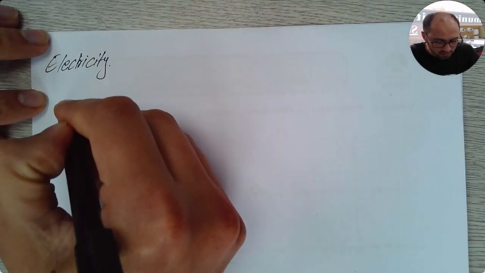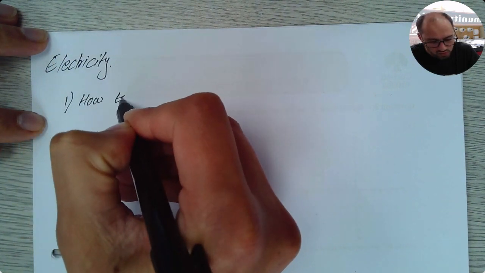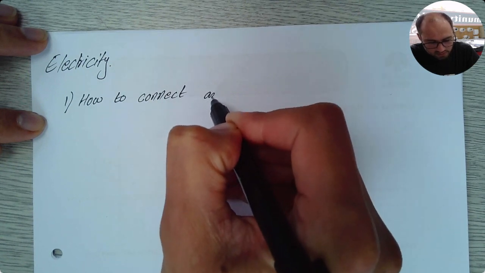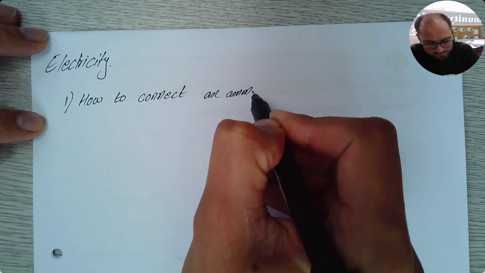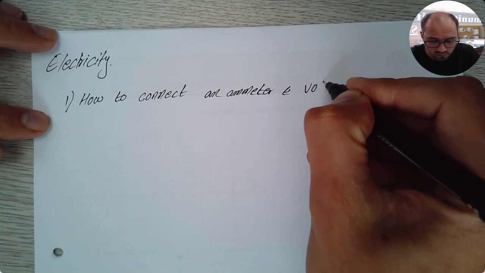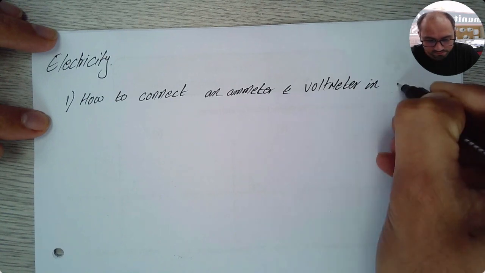The first thing that you need to know is how to connect an ammeter and voltmeter in a circuit.